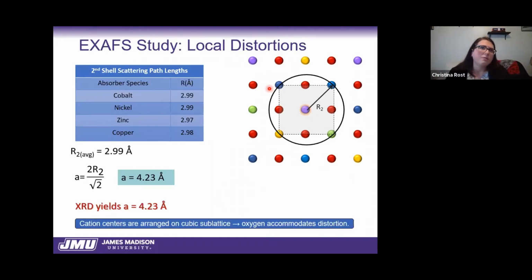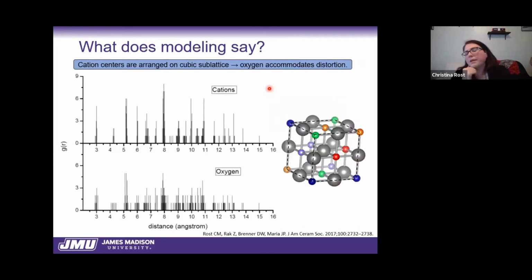So we're pretty confident at this point that the cation centers are arranged on a cubic sublattice, and then oxygen is somehow accommodating for these distortions. In order to kind of back that up a little bit, we reached out to our collaborators at NC State who do a lot of DFT modeling. And they came back to us and gave us a pair distribution function analysis of the cation sublattice and the oxygen sublattice.